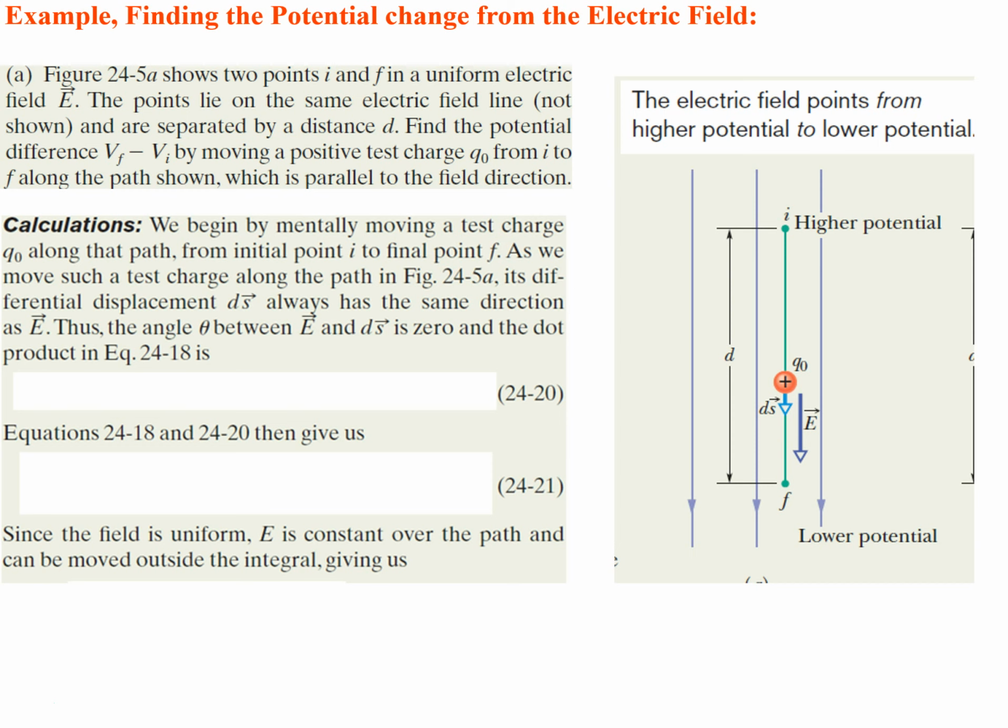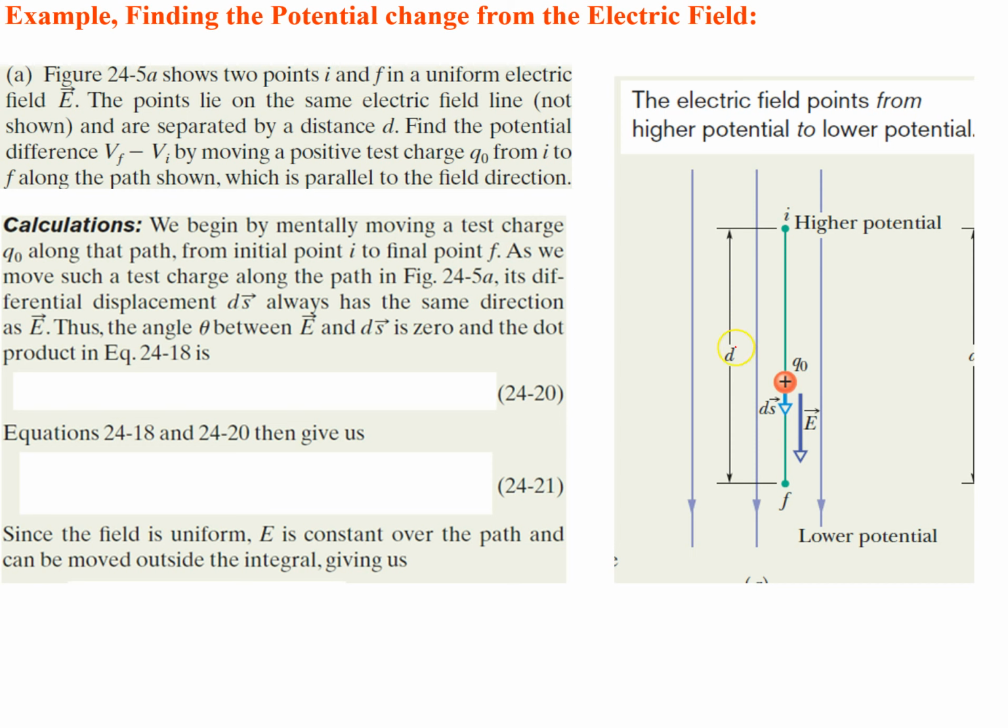Okay, so let's do an example of this. Hopefully some of it will come together once we do that. In the figure, it shows 2 points I and F in a uniform electric field. Our uniform electric field is going down in this case. We have 2 points, F down here, I up here. The points lie on the same electric field line and are separated by a distance d.